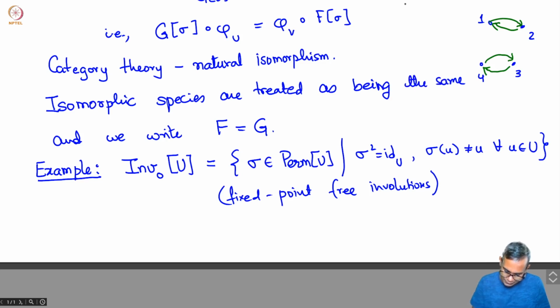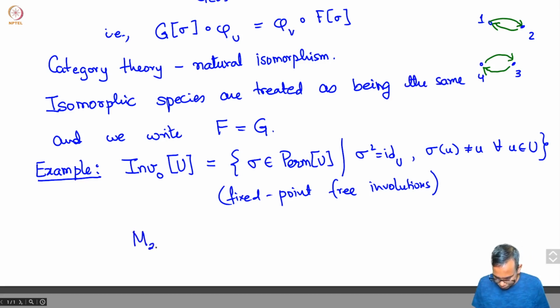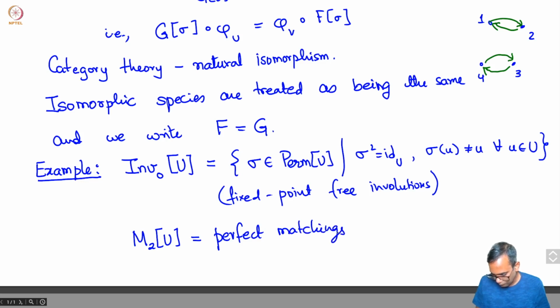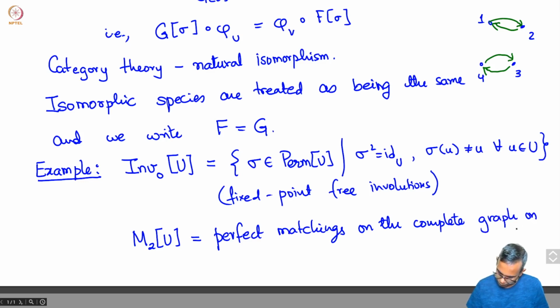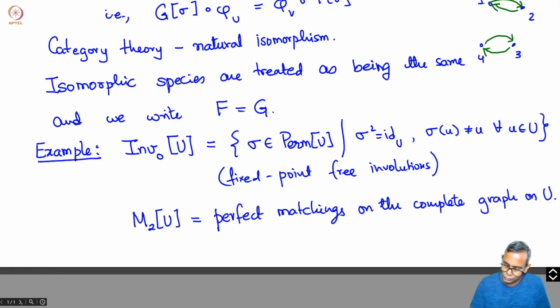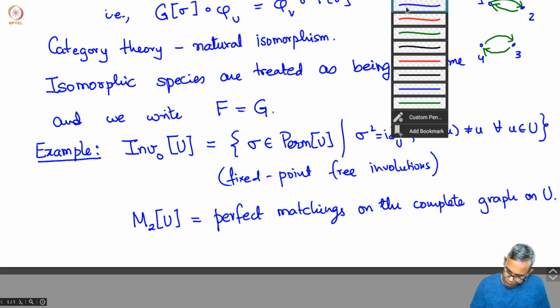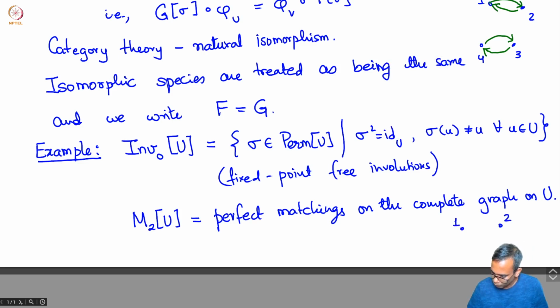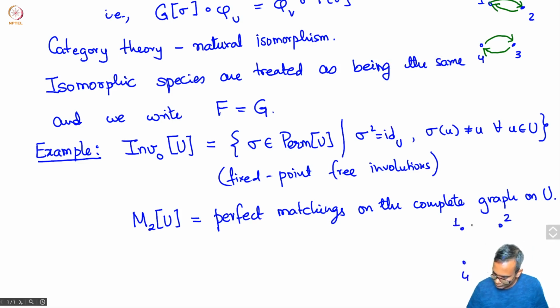And the other species that I'll be considering is M_2 of U. This is going to be perfect matchings on the complete graph on U. So the complete graph on U, well, let's say the set with 4 points, then the complete graph looks like this, with all possible edges.